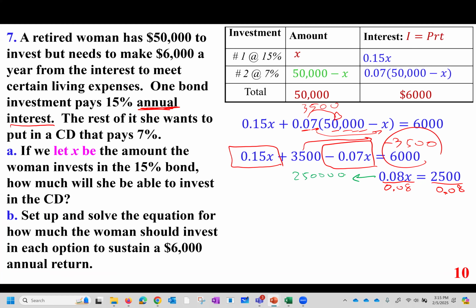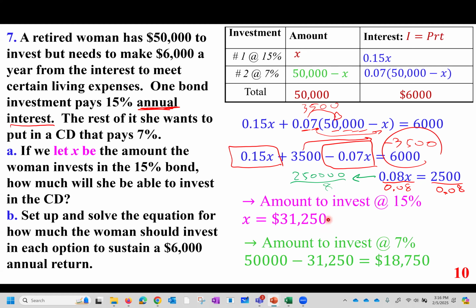You add 2 zeros and you make the denominator 8. And it ends up being $31,250. So the X amount is $31,250. The rest of it, that means 50,000 minus this number, which is $18,750, invested at 7%.